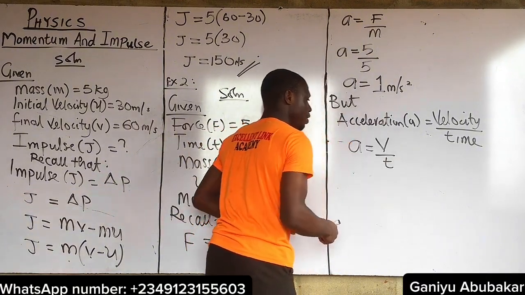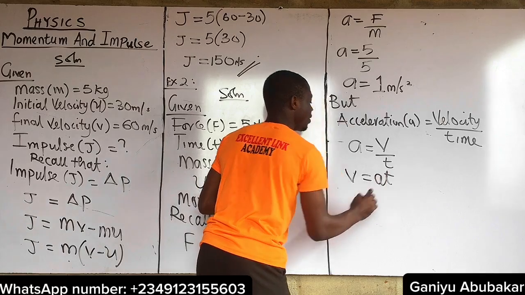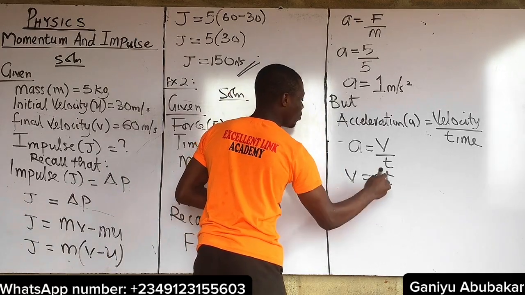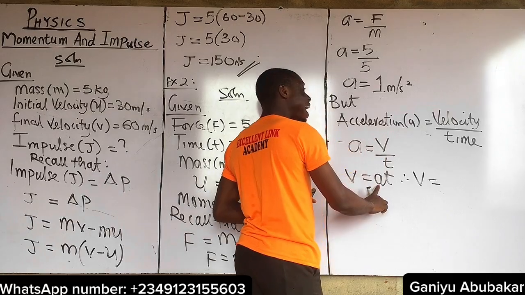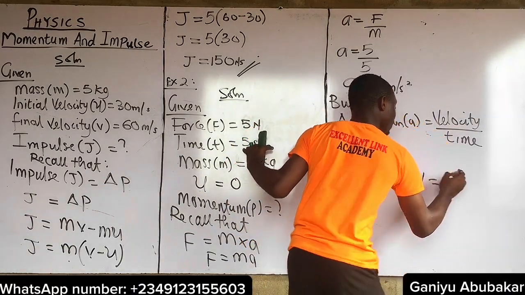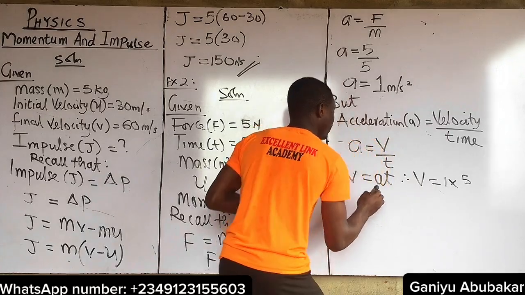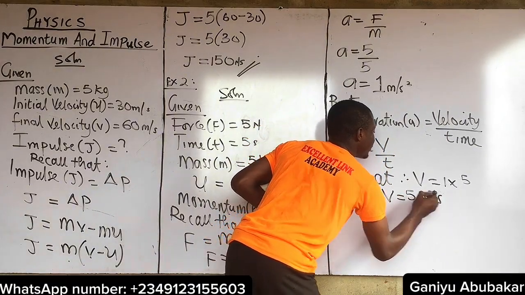I'm looking for v, so make v the subject. So v is equal to at, acceleration times time. Let's get v. Therefore v is equal to, acceleration is 1, multiply time is what? 5. So it means that my velocity v is equal to 5 meters per second.